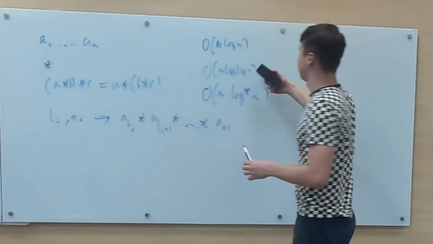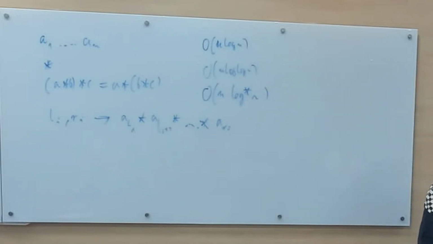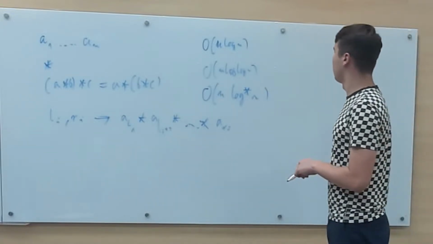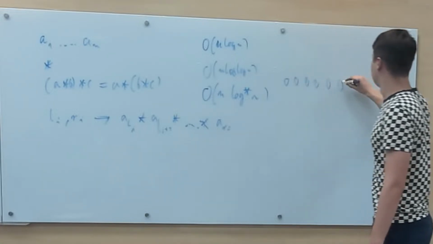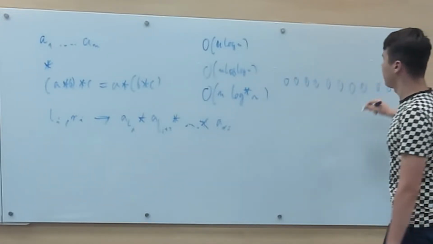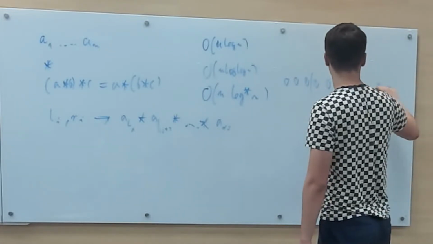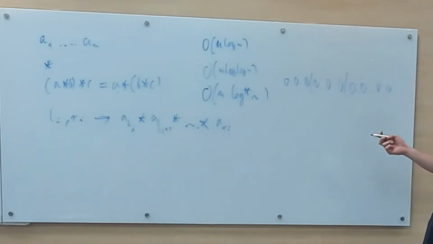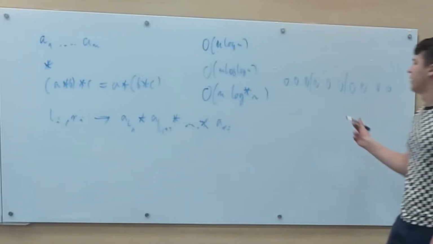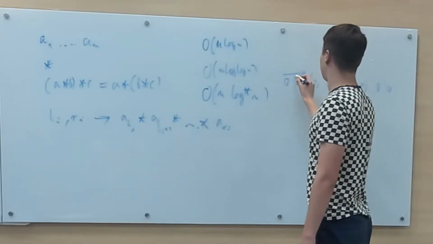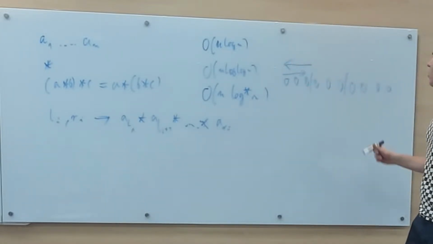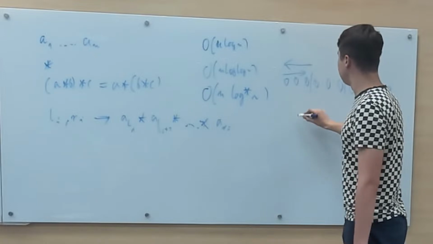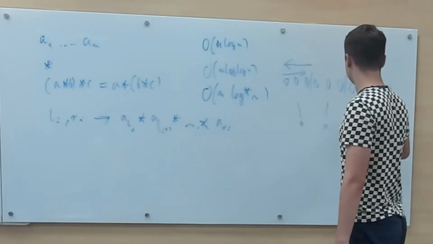Maybe let's explain this log-log solution first. We take our sequence and divide it into blocks of length square root. For each block, we calculate all the prefixes and all the suffixes, and also the result for the whole block.